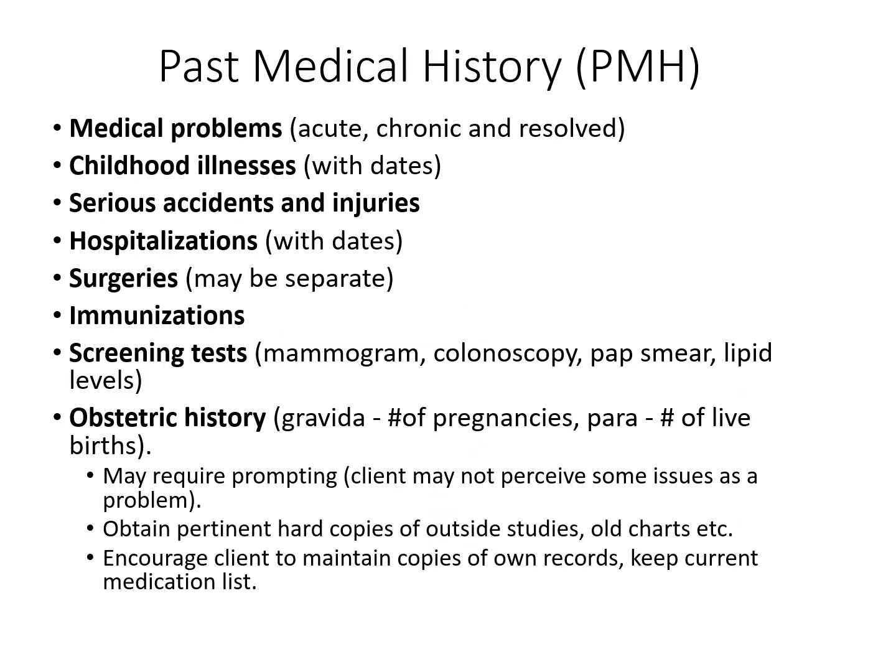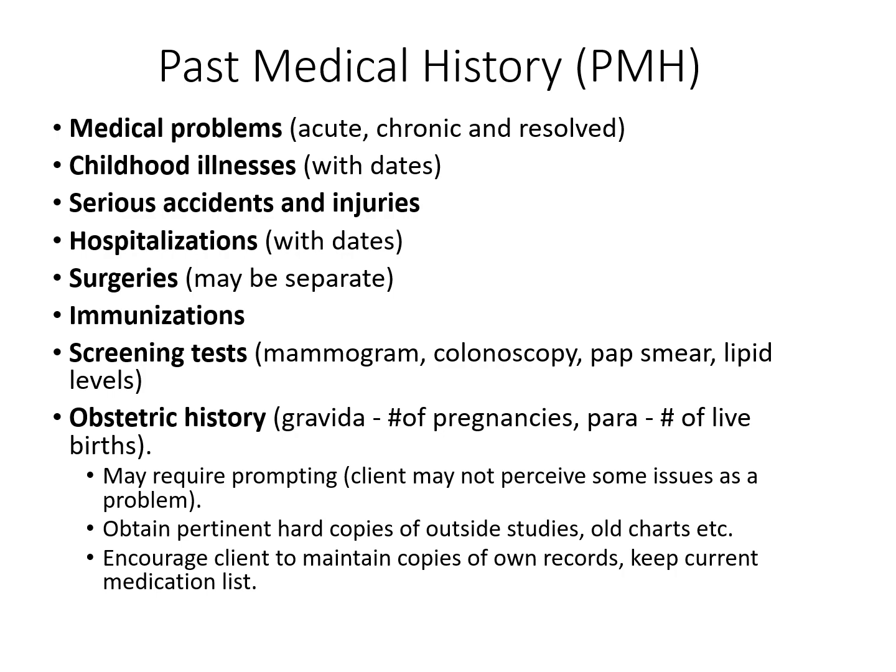Then we go into past medical history, which helps us understand the client's overall health trajectory, not just what is happening today, but what has happened over their lifespan. We begin by asking about medical problems, including acute issues, chronic conditions like diabetes or hypertension, and conditions that have resolved. It's important to clarify timelines.